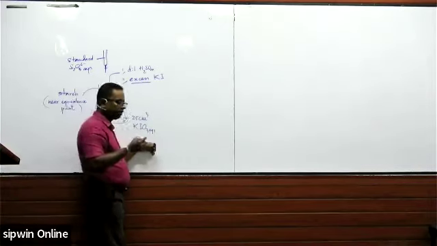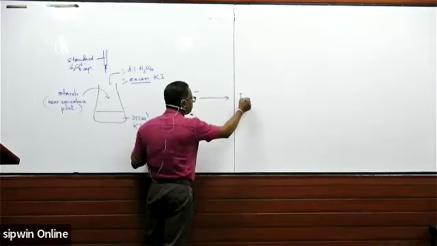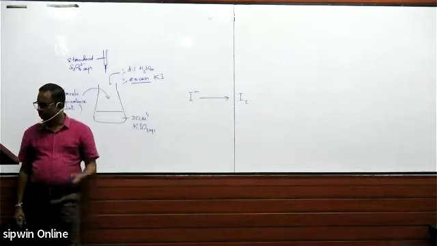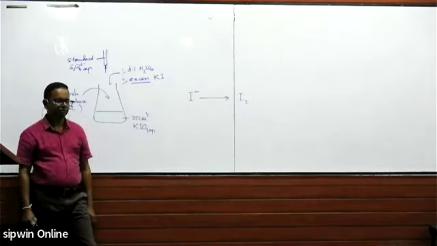Everybody, let's write the aerial oxidation. Iodide into iodine. Let's balance: 2 iodide gives I2 plus 2 electrons.